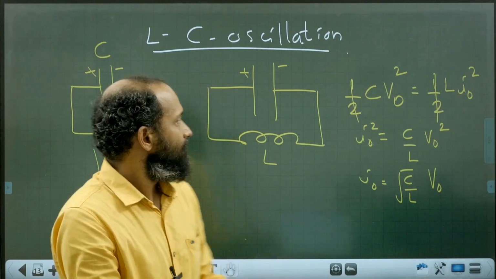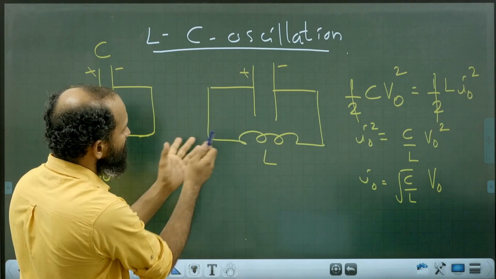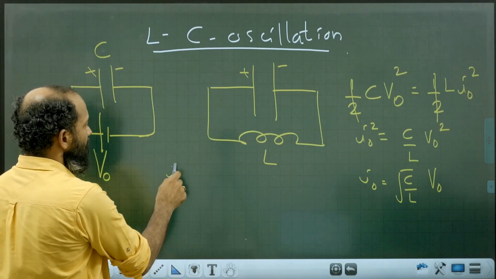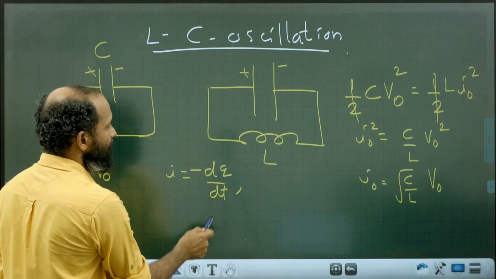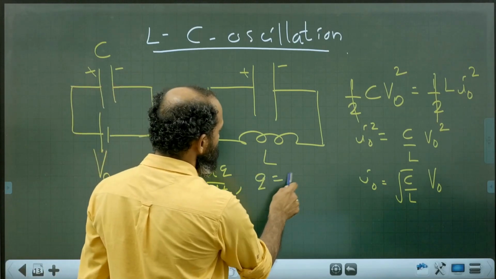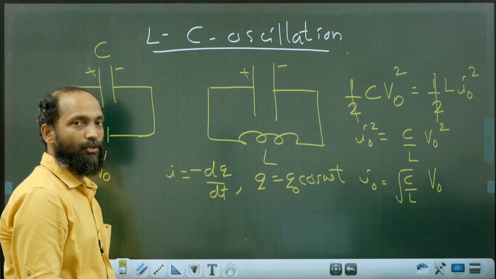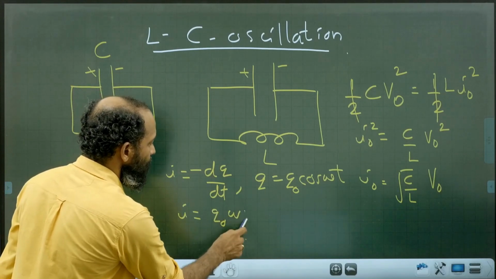Okay, the capacitor is fully charged at the time when it starts to discharge during the transients. The current I in the circuit can be defined as minus dq by dt. Initially charge is maximum, so that can be q0 cos omega t. We are assuming there is no initial phase. So current I, taking the first derivative, is q0 omega sin omega t.